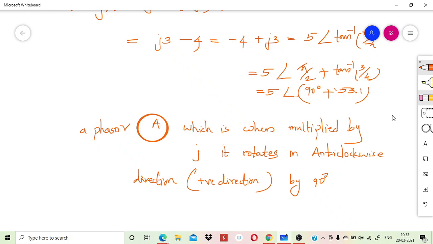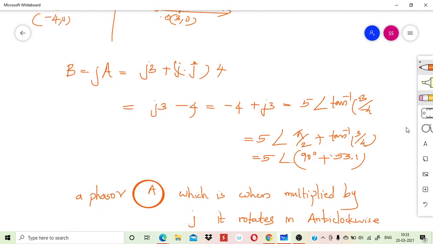So here our conclusion is yes, we have multiplied the phasor A with j so that we got a new phasor B. If you compare, this answer is 5 at an angle 90 plus 53.1 degree, and the A phasor is nothing but 5 at an angle 53.1 degree.